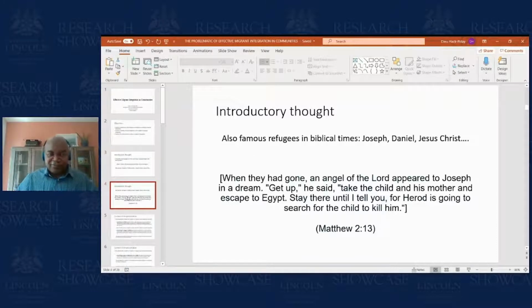In the book of Matthew in the Bible, the scriptures tell us that an angel comes and speaks to Mary and Joseph, telling them, get up and take the child and his mother and escape to Egypt. Stay there until I tell you to come back, because Herod is going to search for the child to kill him. So this is really a way of saying that migration has been inherent to human societies and histories.